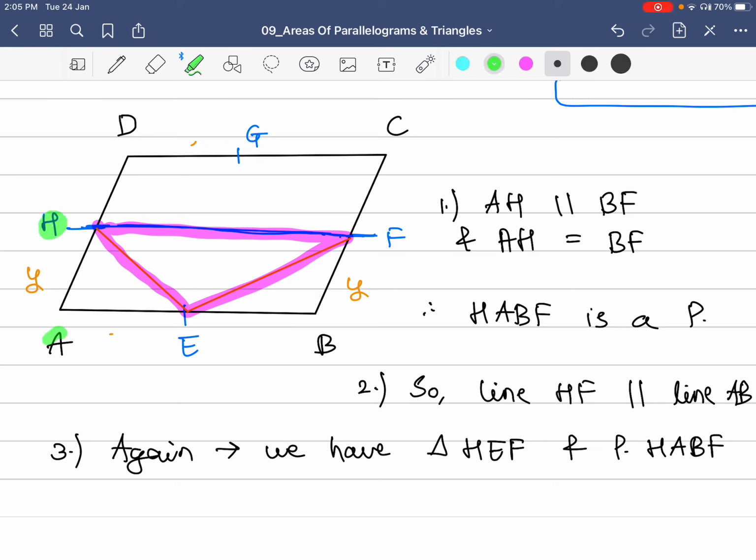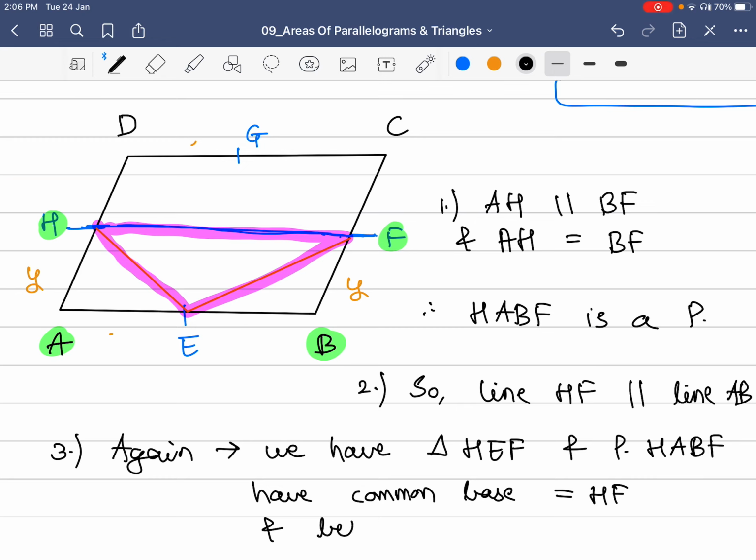So HABF, this parallelogram, both the triangle and the parallelogram have a common base, which is HF, and they lie between the same parallel lines.